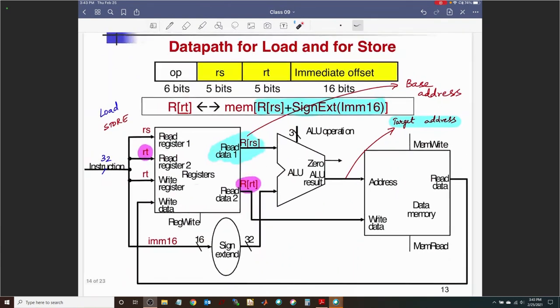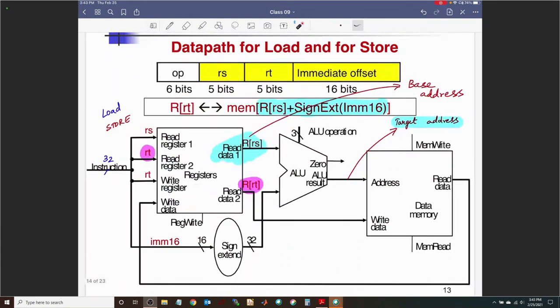How about the load instruction? Load instruction, things are going from here to here, right? Memory to registers. So in that case, of course, because we are loading, you're going to need this to be active and this to be inactive. The address is still computed the same way, right? The base address, 32-bit offset, add, and then the address that you are referring to in the memory is the target address.